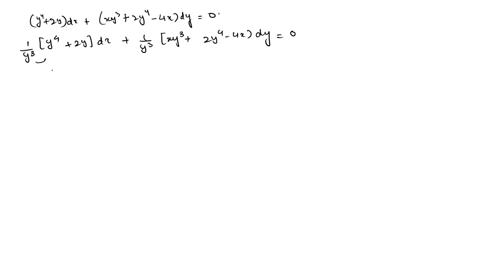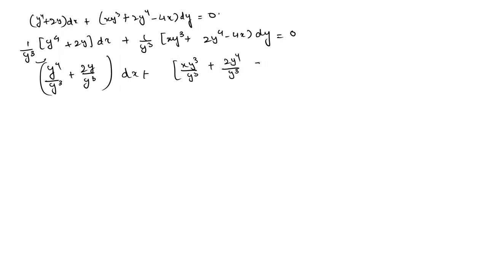So if I divide it, I will get (y⁴ by y cube plus 2y by y cube) dx plus (xy cube divided by y cube plus 2y⁴ divided by y cube minus 4x by y cube) dy is equal to 0.